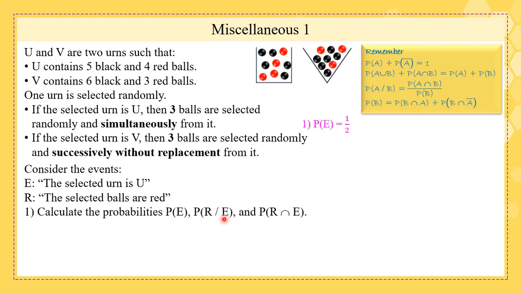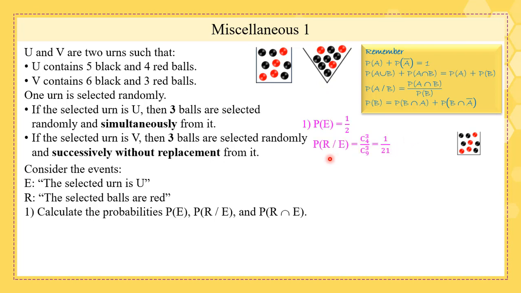Now, how are we going to select these balls? In fact, this will tell us event R, the selected balls should be red. So this is U. Now we have U as the universe. We don't have U and V at the same time anymore.